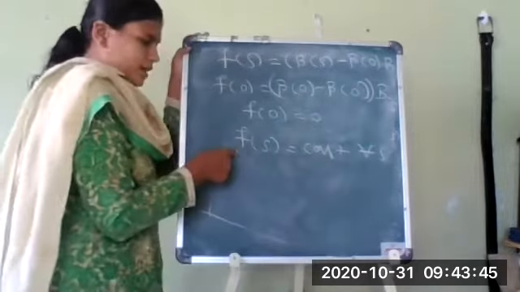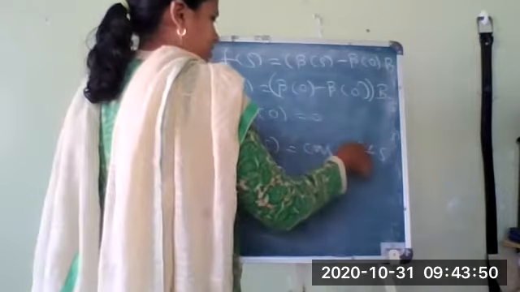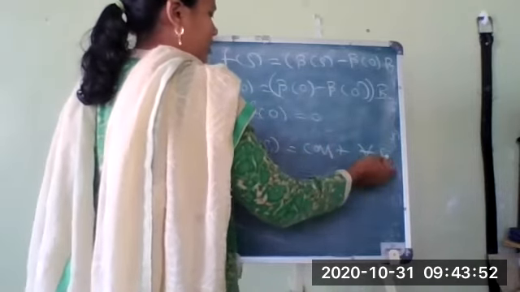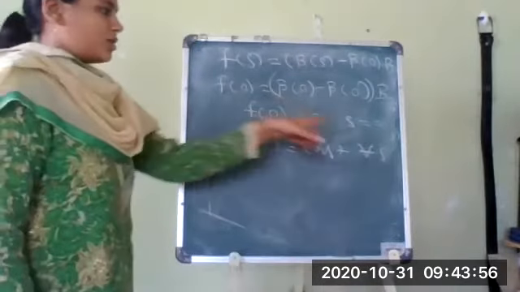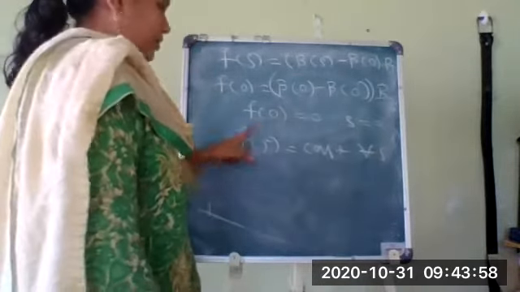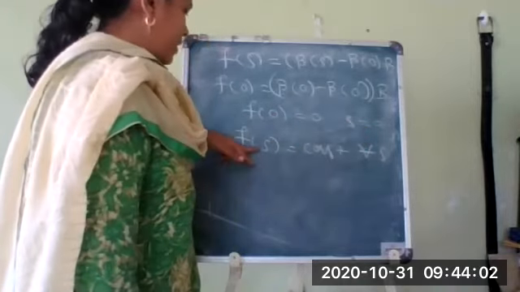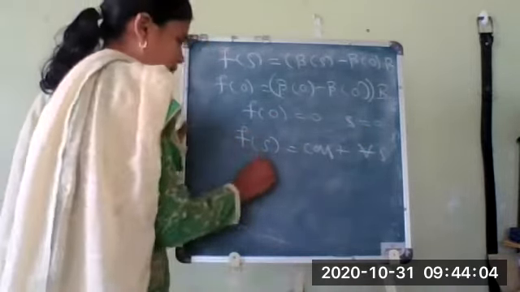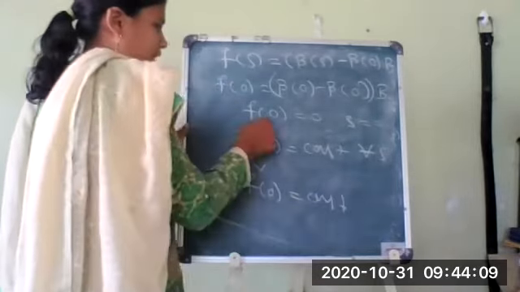What we have obtained just now is f of s is constant for all values of s. Out of all those values of s, I have s equal to 0 also. So if I put s equal to 0 here, f of 0 is equal to constant. But what is the value of f of 0?